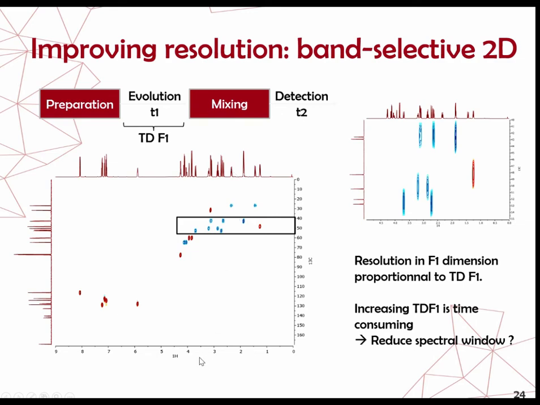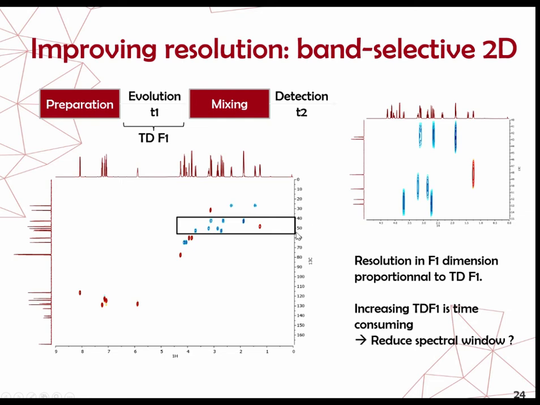The resolution of the two-dimensional experiments in the F1 dimension, the vertical dimension, depends on the number of different spectra we make, and this parameter is called the TD in F1 dimension. And the resolution is proportional to the TD, but the experiment duration is also related to this parameter. So increasing the resolution by only increasing the TD can be very time-consuming.